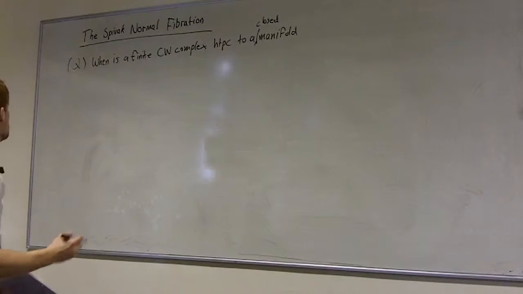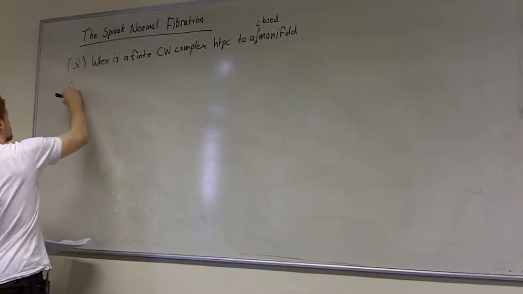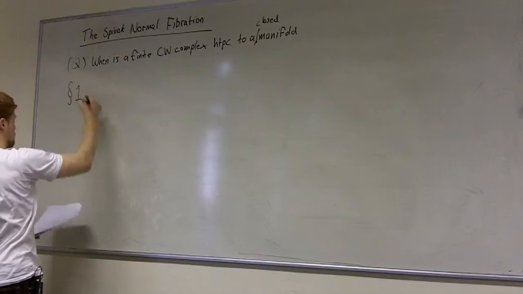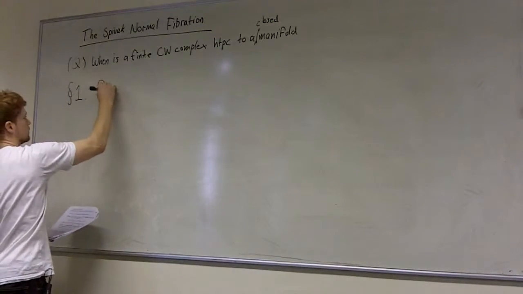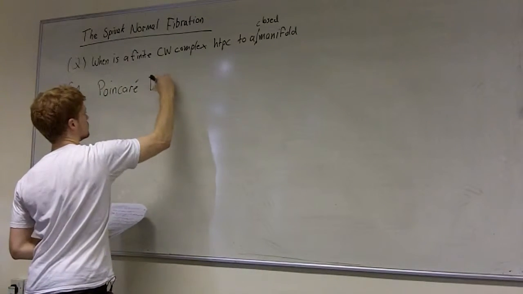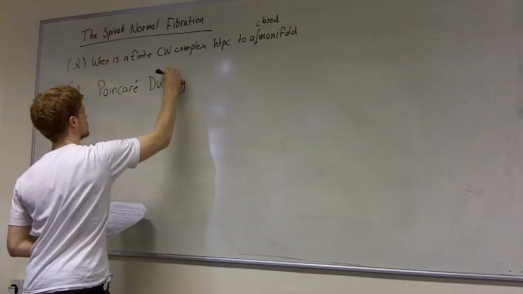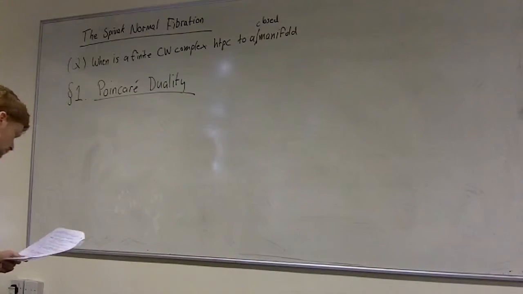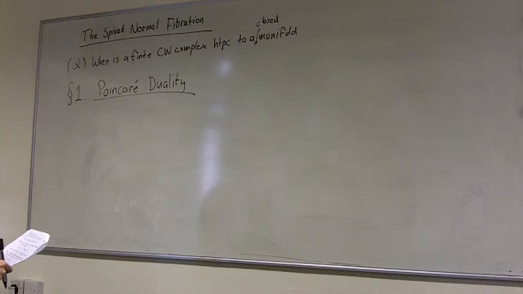Okay, so section 1 is going to be Poincare duality. The first thing you might say for this question is that manifolds have Poincare duality, and homotopy preserves this property. So our CW complexes better have Poincare duality.